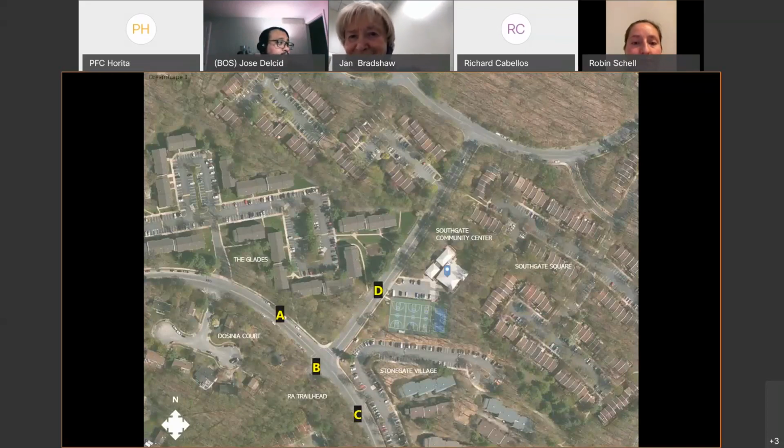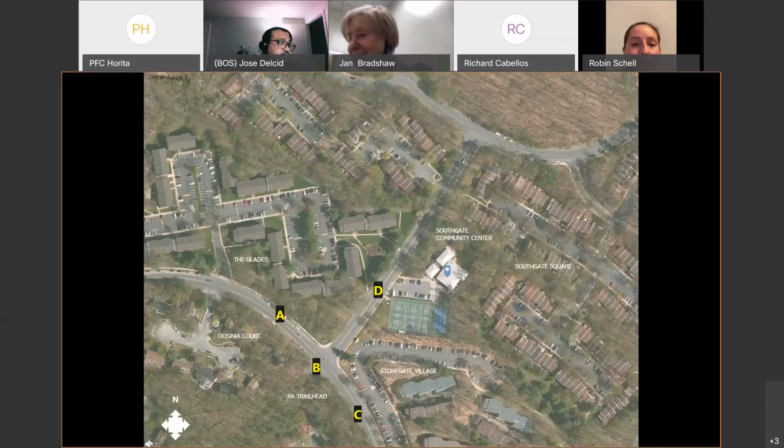North is facing up. You will see Pinecrest and Glade Drive, as well as the various neighborhoods: the Southgate Community Center, Southgate Square, the Glades, and of course, further to the west, Dogwood Elementary School.